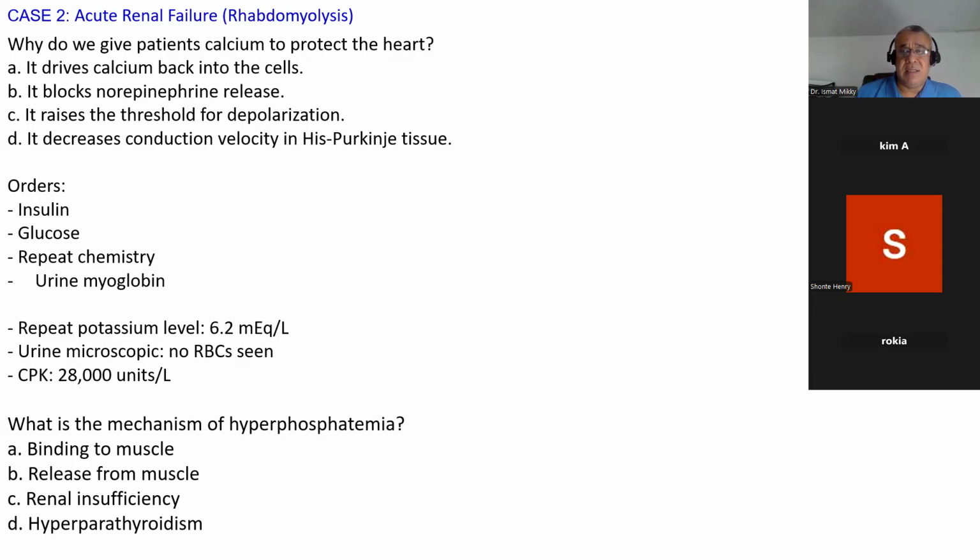Remember that it's a destruction of the muscle tissues, and muscular cells are going to release the myoglobin and also phosphate. So the release from the muscle will mean more phosphate. That's why there is hyperphosphatemia. The majority of the phosphate is inside the muscle and inside the cells. So destroyed cells and muscle release phosphate and potassium and bind to calcium.